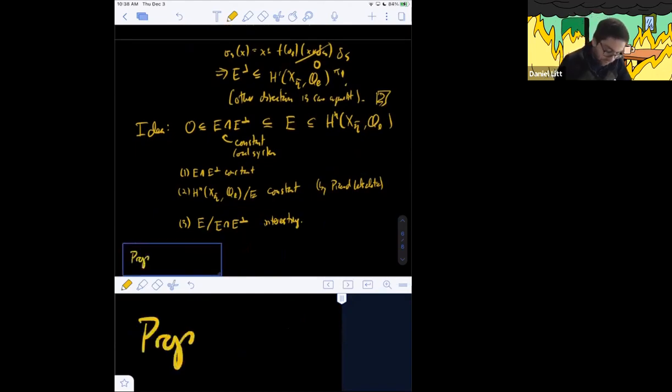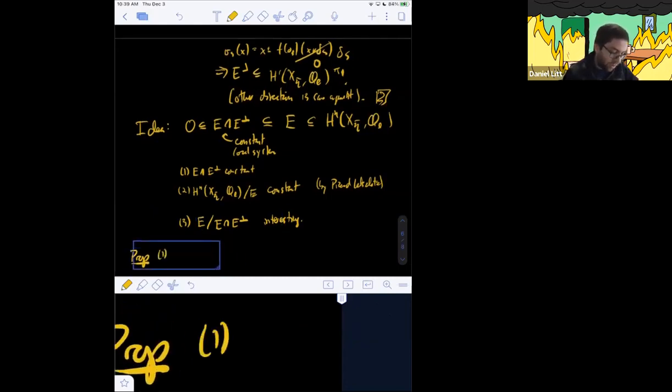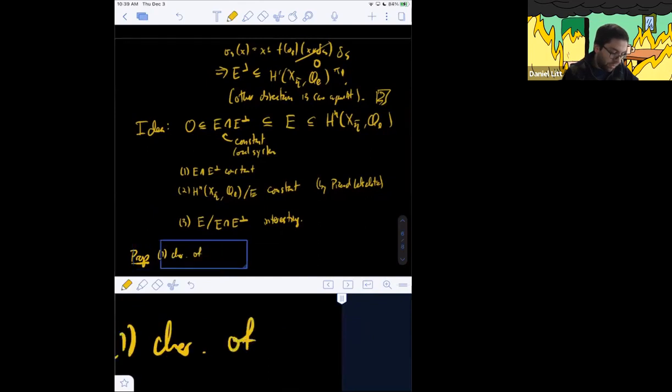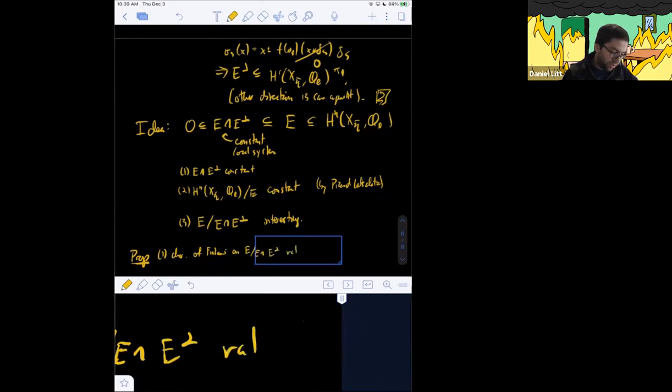Okay, so in order to apply the main lemma, we're going to have to check that this a priori very complicated group actually satisfies the hypotheses of the main lemma. So what are the hypotheses? Proposition: the characteristic polynomials of Frobenius on E mod E intersect E perp are rational.